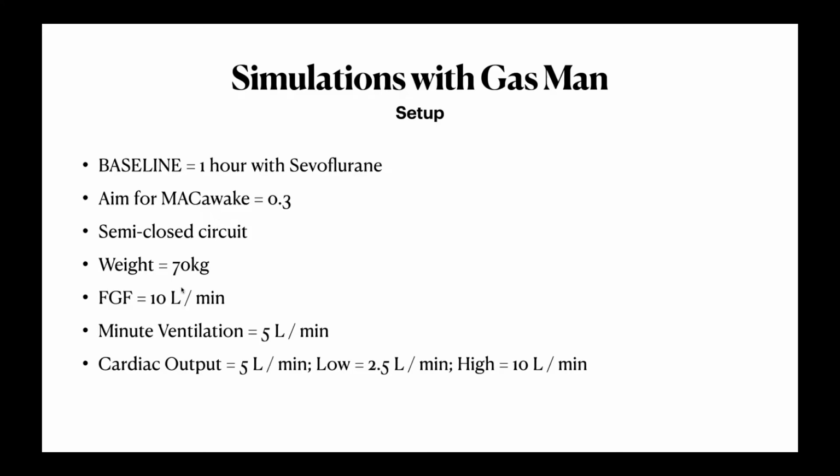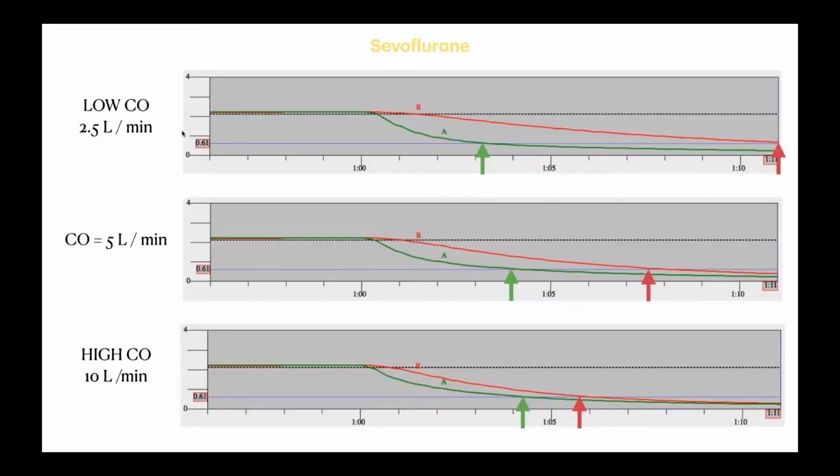Fresh gas flow has increased to 10 liters per minute. Your minute ventilation is 5, and I've just got 3 different cardiac output scenarios. And this is what we see. So let's look at someone with a normal cardiac output first.